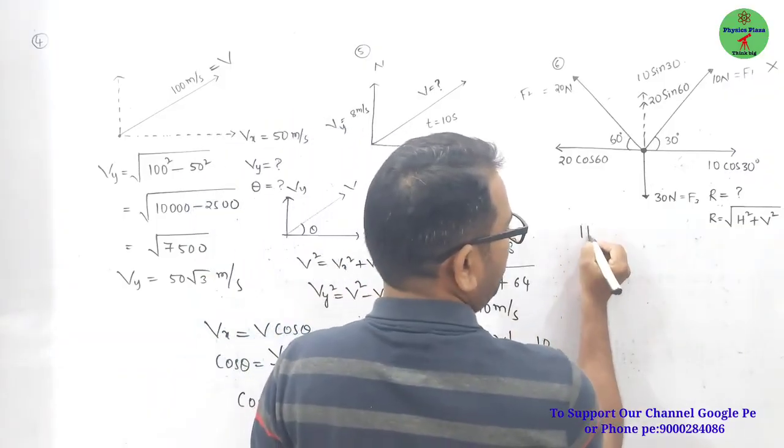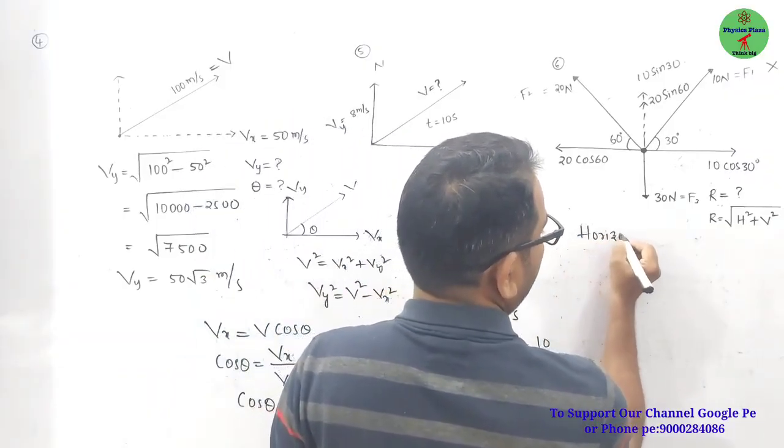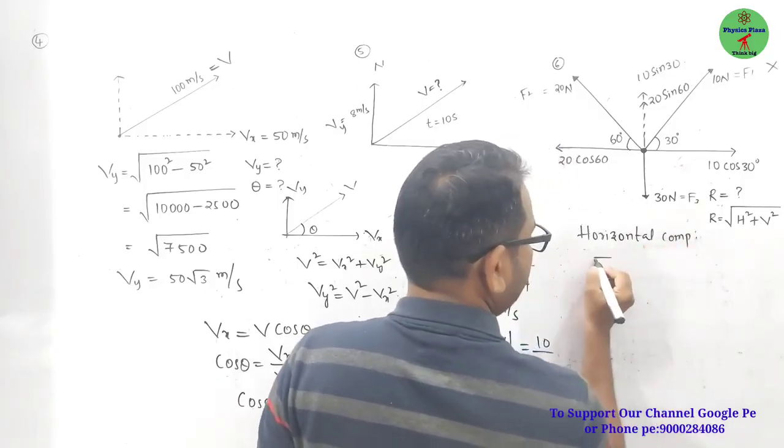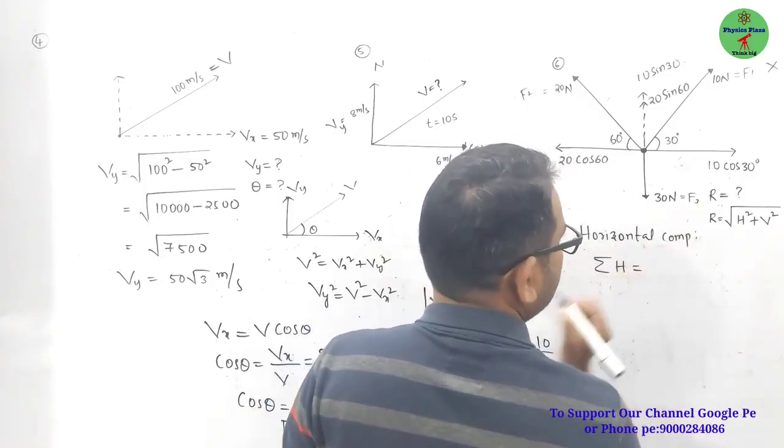Now let us see the horizontal components, children. This is the summation of horizontal components.